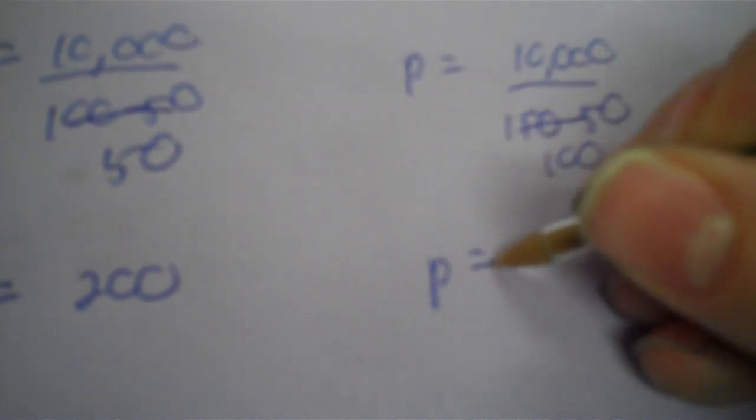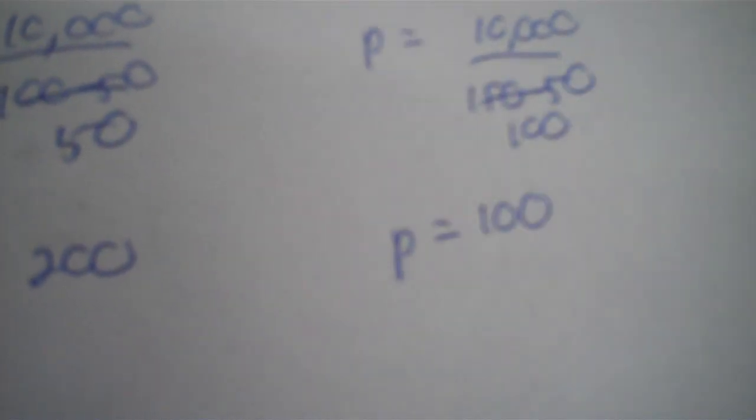Now we divide 10,000 by 100, and that's 100. Then 200.